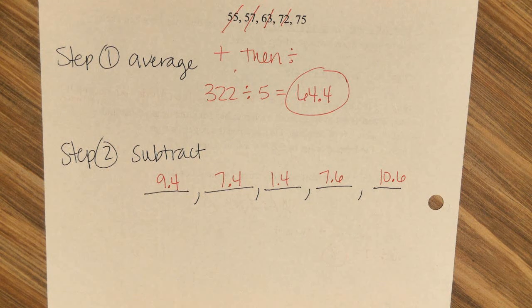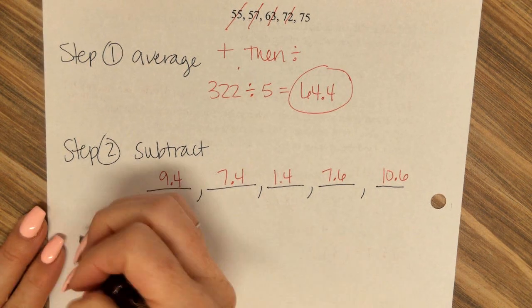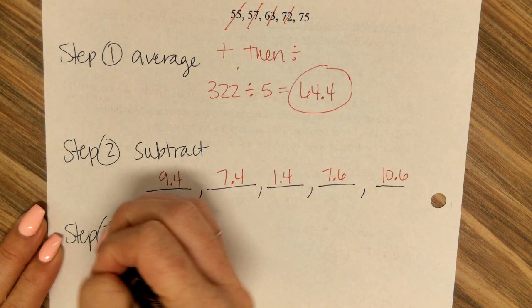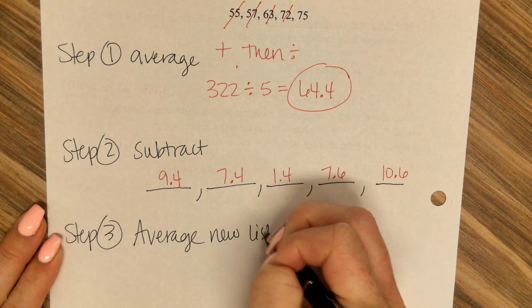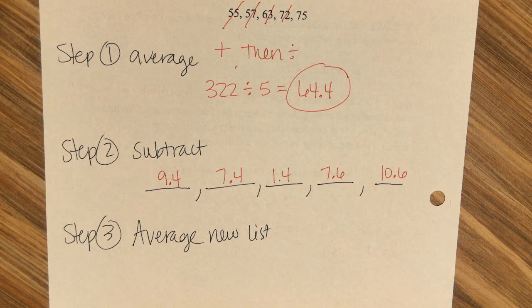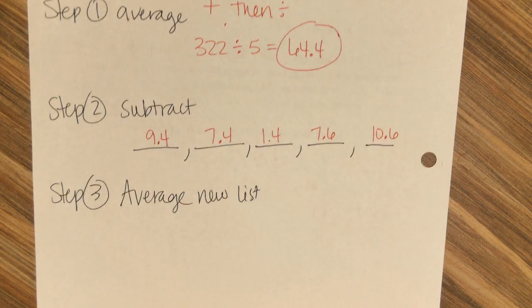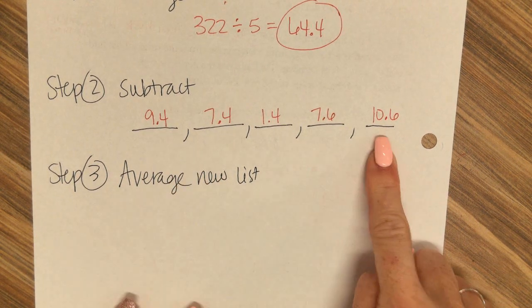All right, how many steps are there? 3 steps. So what is step 3? Average the new list of numbers. So add and then divide. So we're going to add these numbers.